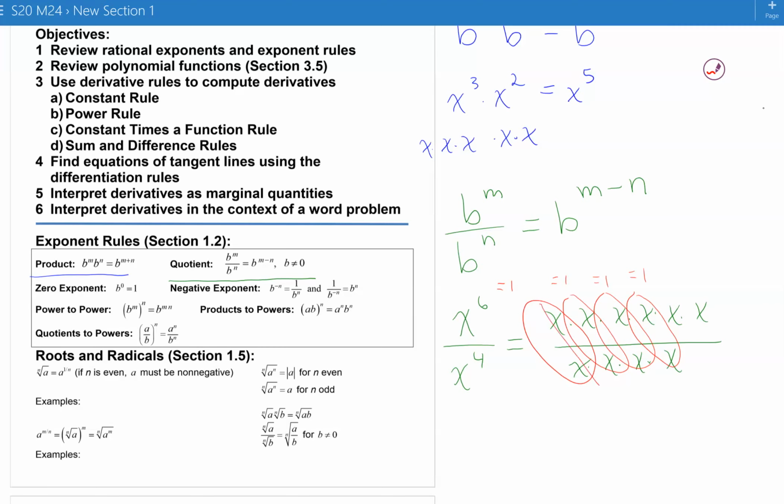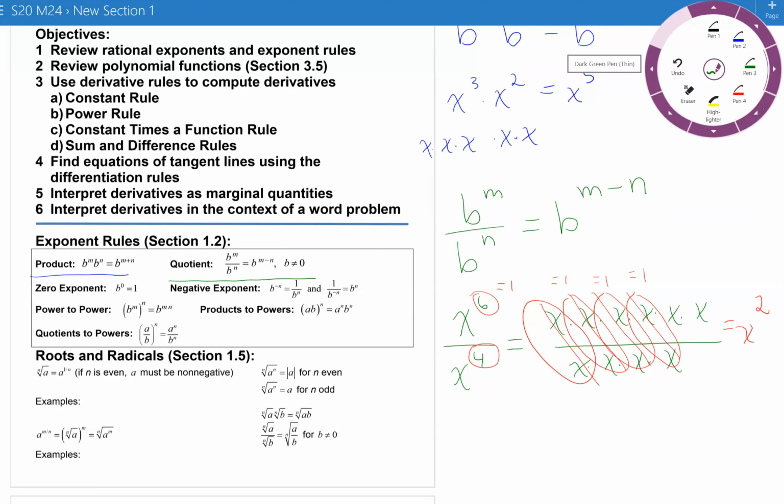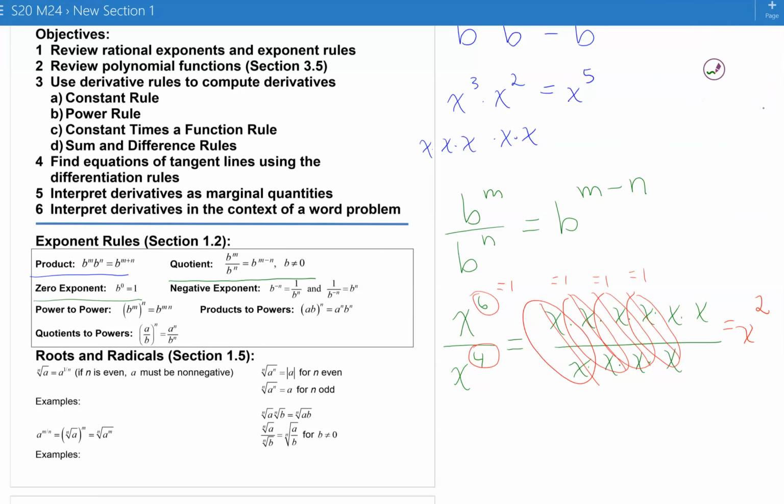So we do what we say, cancel, but keep in mind that what you're really doing is saying this is 1, and multiplying by 1 doesn't change anything. So we're just kind of clearing that clutter out of the way. That's not changing anything. And I have x squared left, so I can remember how the rule works by trying it with small numbers.